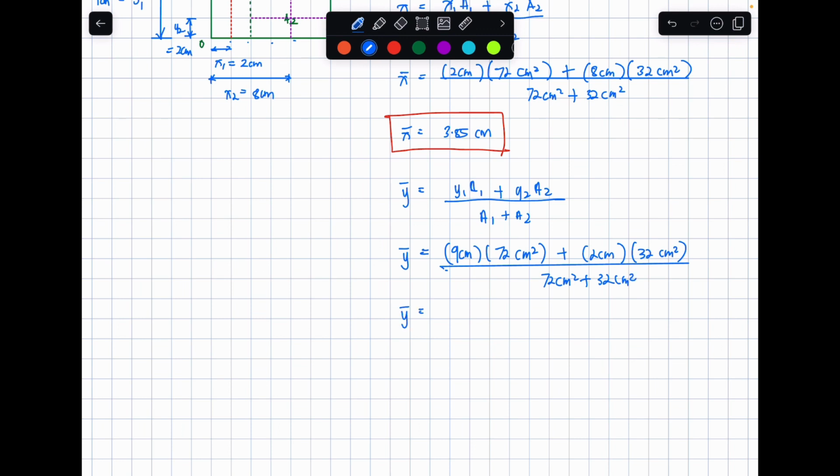So y will be 9 times 72 plus 2 times 32, divided by 72 plus 32, which is 6.85.